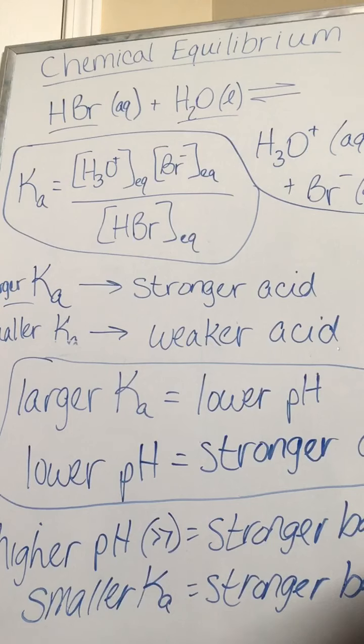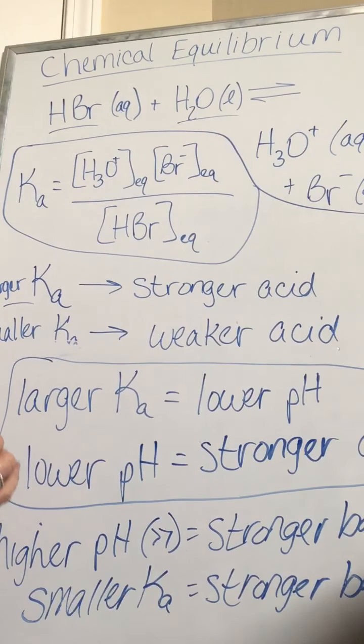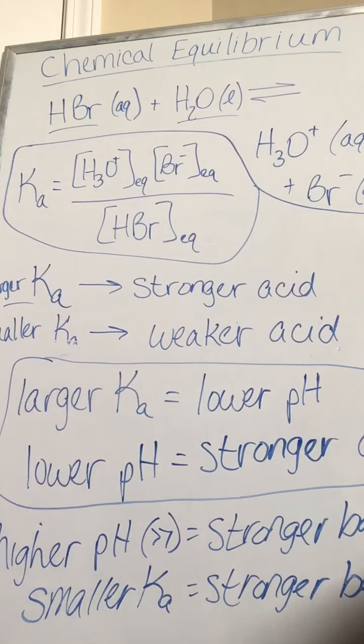So if you're given different acids with different Kas, and you're asked what's the weakest acid, then you're going to look for the smaller Ka. Okay, smaller Ka would be, a 10 to the minus 9 versus 10 to the minus 7, something like that. Okay, so that is a relationship that you need to be familiar with.